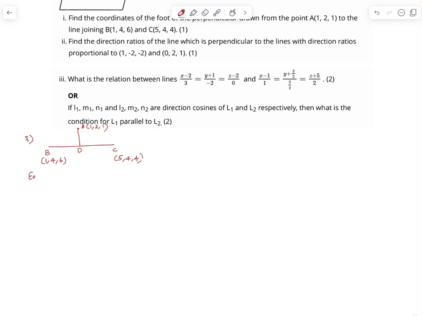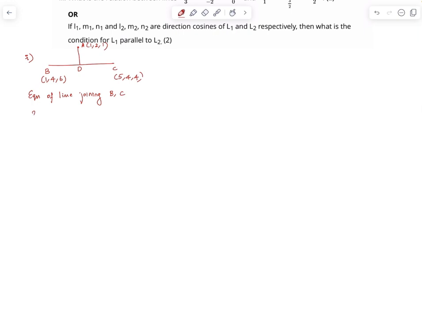Now let's get the equation of the line joining B and C. X minus x1 upon x2 minus x1 is equal to y minus y1 upon y2 minus y1, which is equal to z minus z1 upon z2 minus z1.